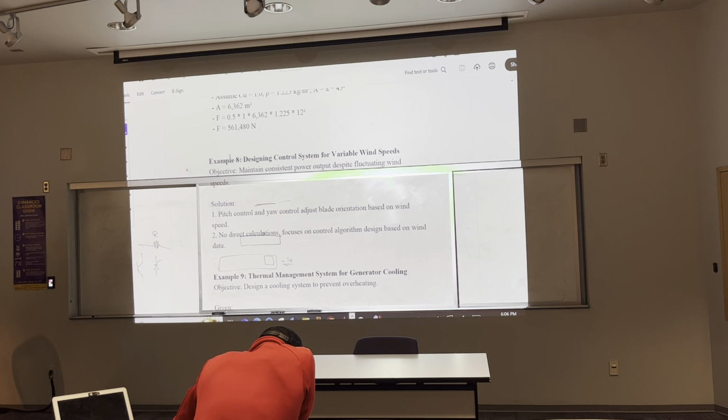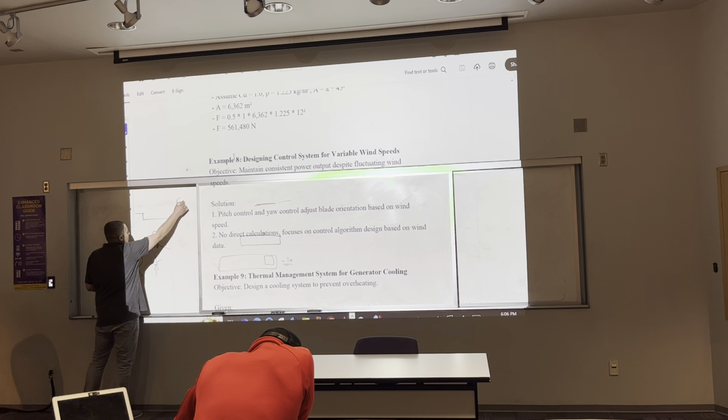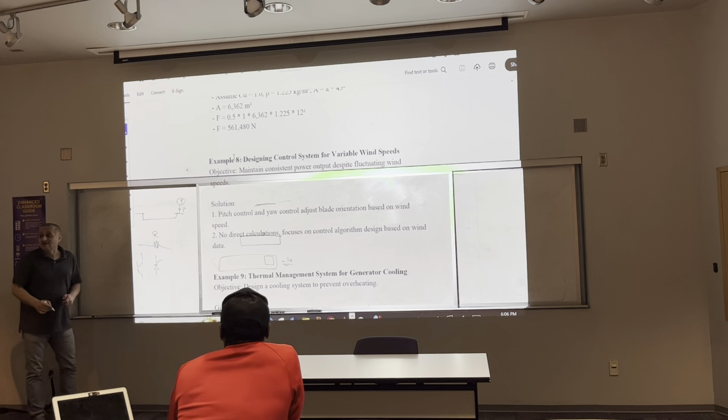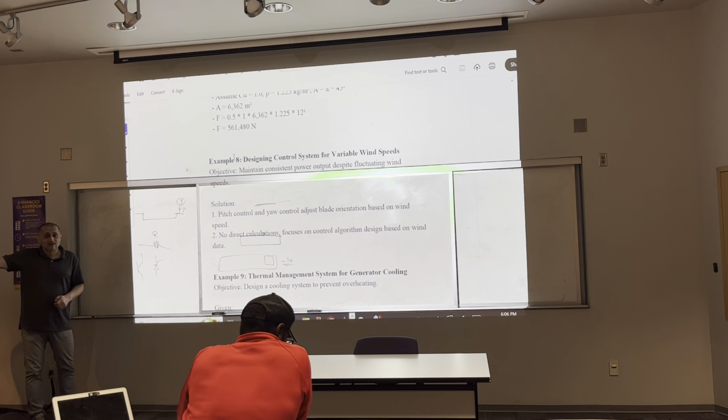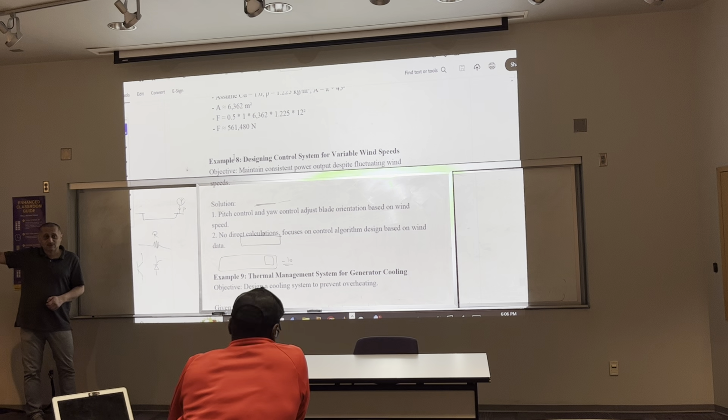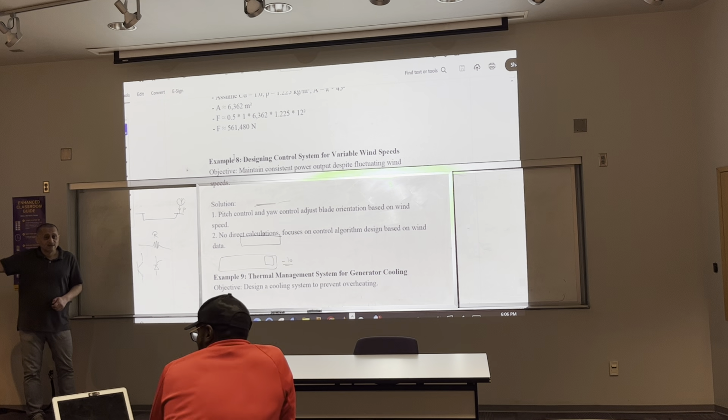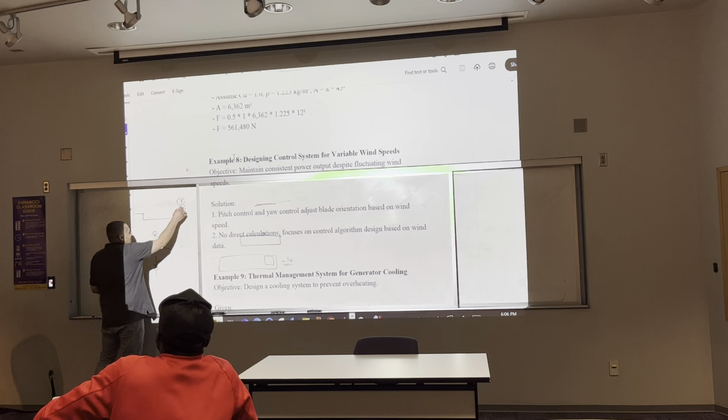Fast decoupled load flow and power flow from the wind power to the system. If we have a wind turbine here, we have power equations: 0.5 C_P, area, velocity cubed, rho. This is to calculate this one.